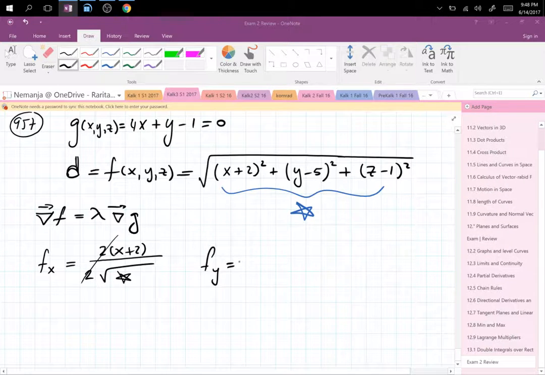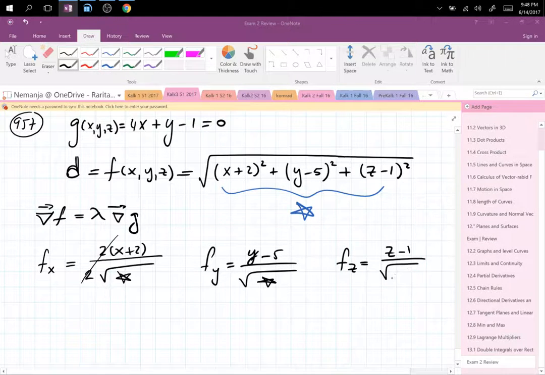Now fy is y minus 5 over the square root, and fz would be z minus 1 over the square root.